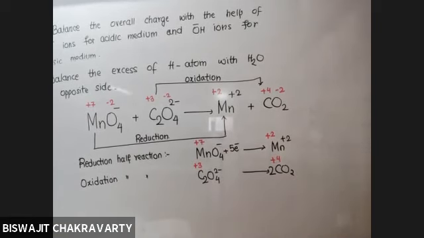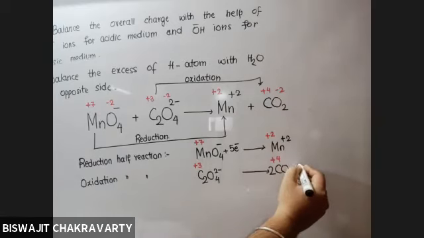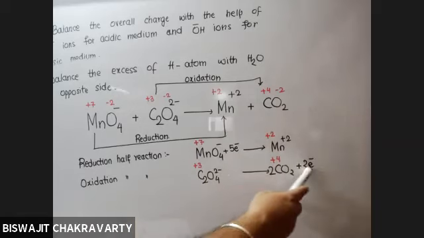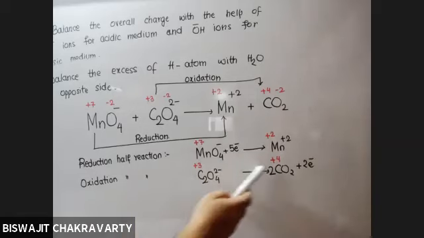So per carbon, there is a change of how many electrons? 1. So for 2 carbon, there will be a change of how many electrons? 2. So I put 2 electrons here. See, is it clear or not? Yes sir.